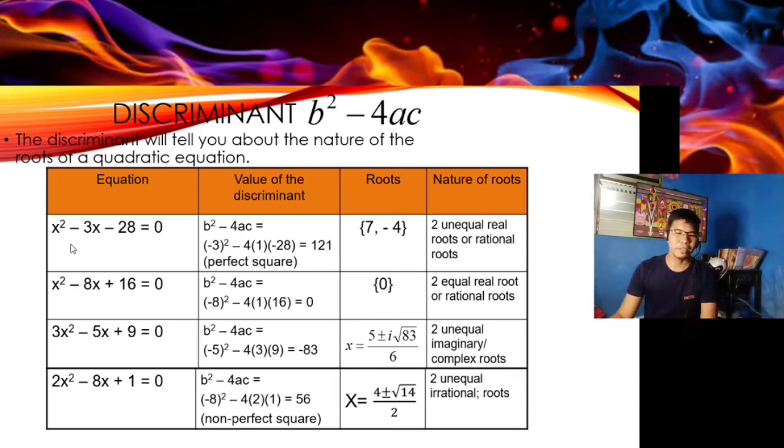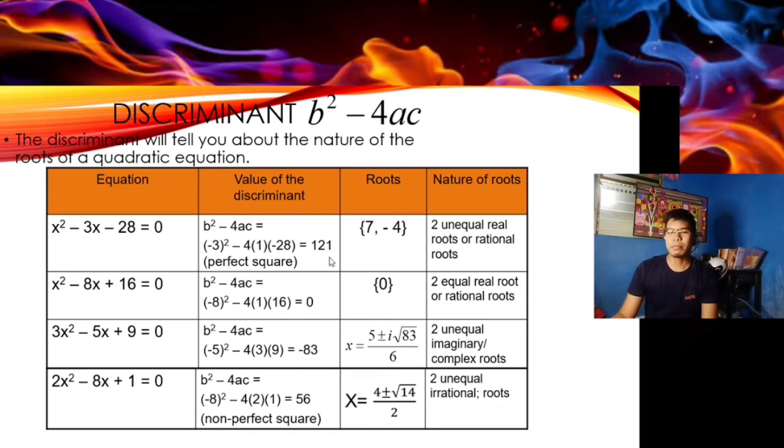Let's start with the first example. Using the discriminant, again, by the use of the values of a, b, and c. We have negative 3 squared minus 4 times 1 times negative 8. If you can remember, the value inside the radical from our example a while ago is 121, in which 121 is a perfect square. So here, the discriminant is positive and a perfect square.